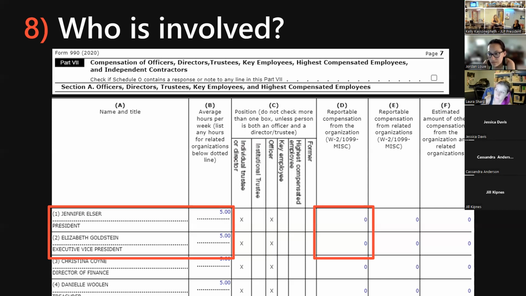Somebody needs to be negotiating. Unless they weren't there the whole year. Maybe they left in December and they were job hunting and finding the right person.